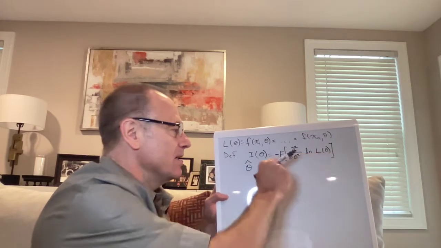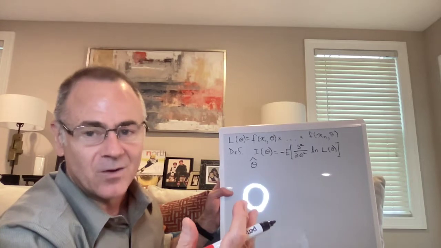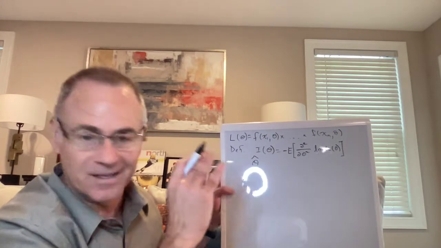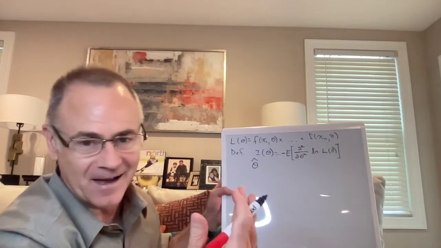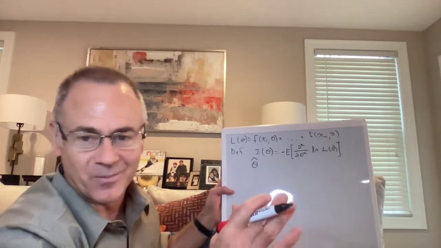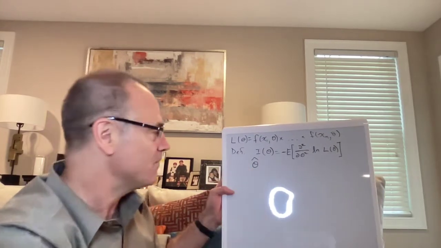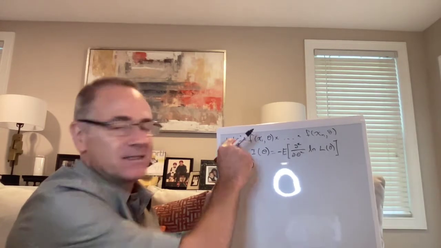You've got to take the log of the likelihood. You're going to do a homework problem where you're going to have to compute this, and it's easy to forget to take the log. That one little typo, you forget the ln, and all of a sudden your homework problem is going to be completely wrong.